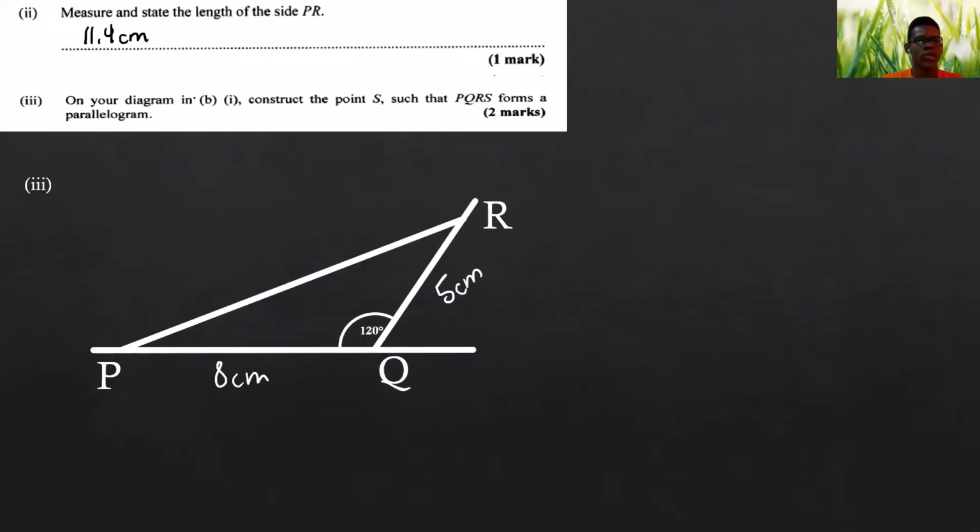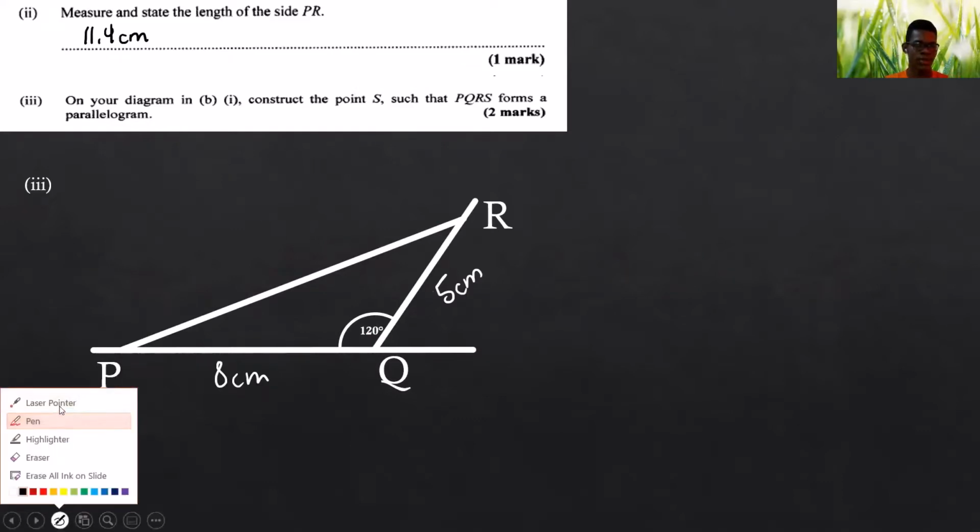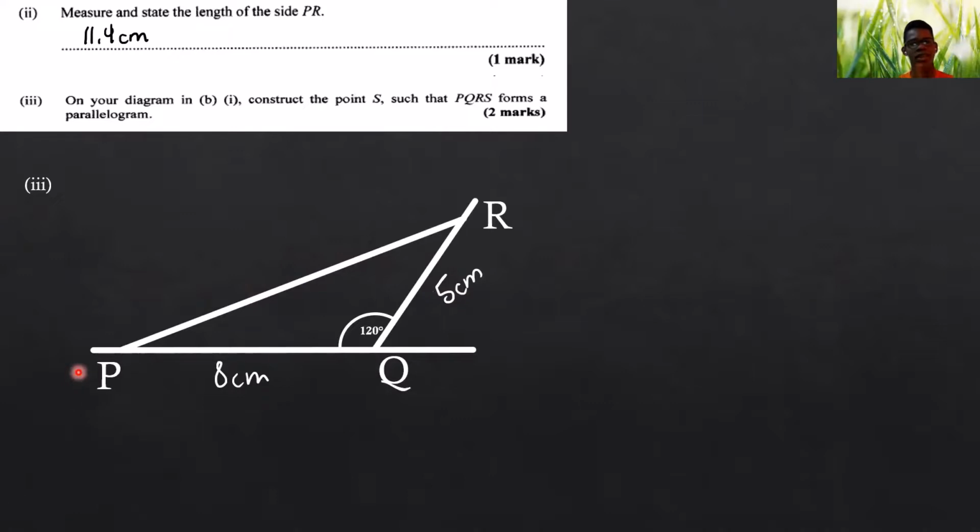Now on your diagram that we constructed before, you're going to do something else. They want us to construct a second point S such that PQRS forms a parallelogram, right? Now, the thing about parallelograms is they have parallel sides. The easiest way to do this is not the only way, but it is the simplest way.